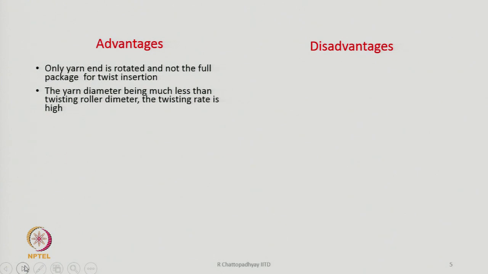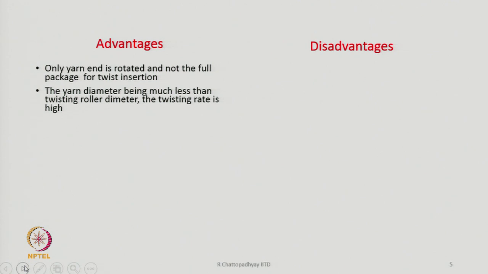And the yarn diameter being much less than the twisting roller diameter, the twisting rate is very high. Ultimately, the twisting roller diameter and the yarn diameter, these two will decide the speed of the yarn end.